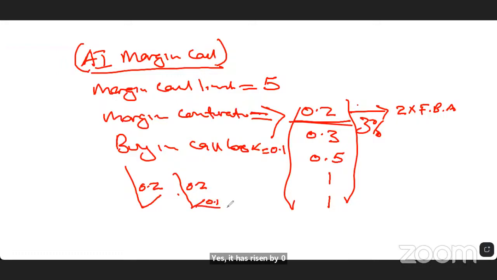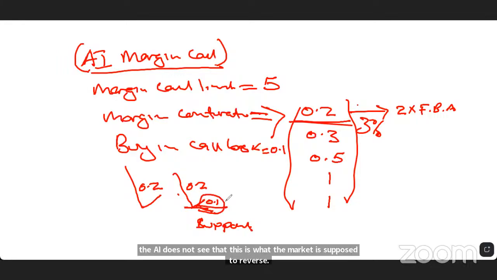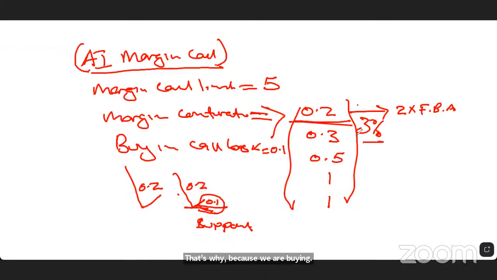But is it true that this is the nearby support where the market is going to reverse? If the AI does not see that this is where the market is supposed to reverse, it will not buy. That's why, because we are buying very few margin calls, we are switching on the AI. We are using a very little drop, we are switching on the AI.